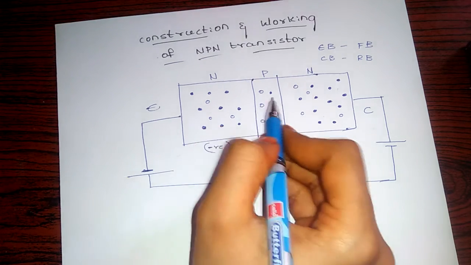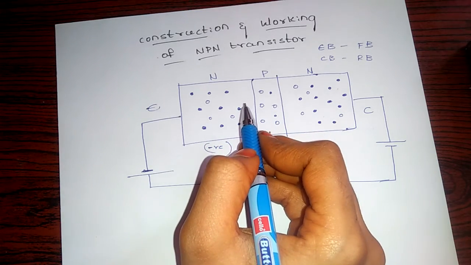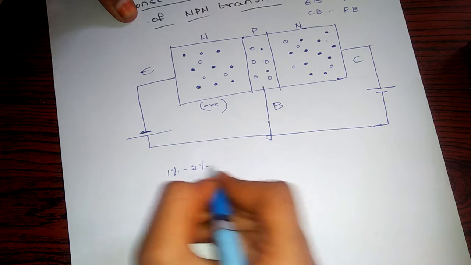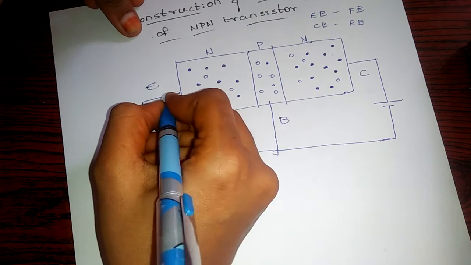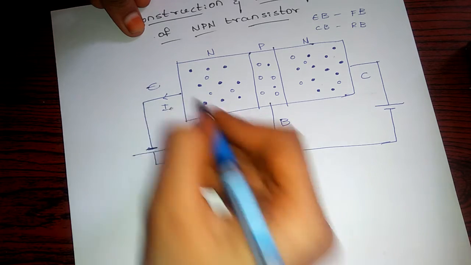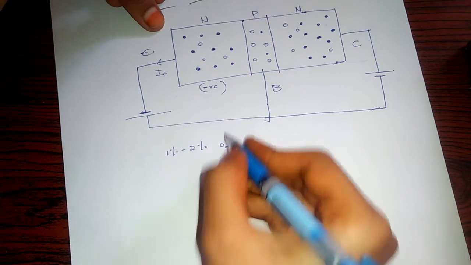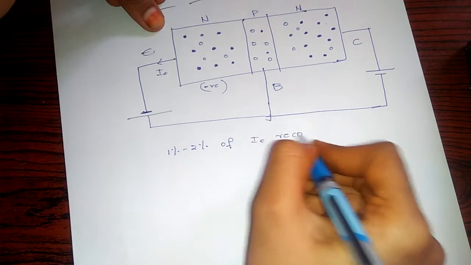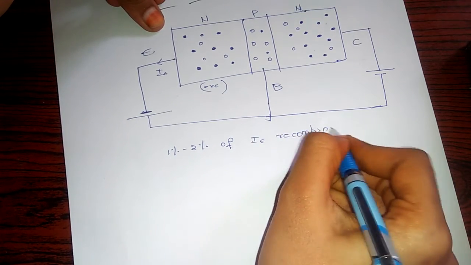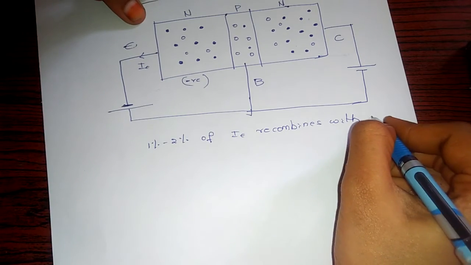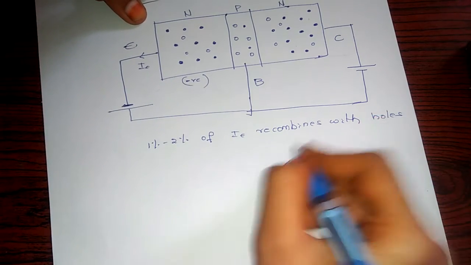These two charge carriers will recombine to the extent of 1 to 2%. So 1 to 2% of this current, IE, recombines with holes in the base.